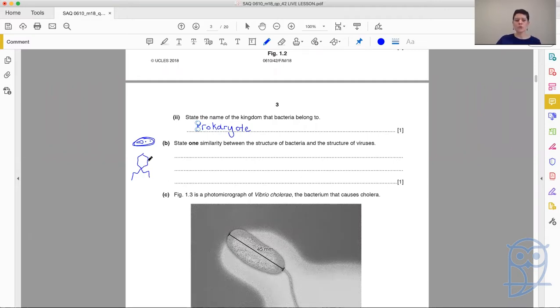But viruses also have DNA inside there. So a similarity between bacteria and viruses would be that both of them have DNA, genetic material.